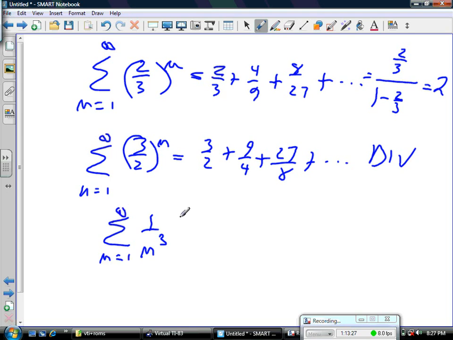Does this one converge? Remember this, I'm going to use the integral test: the limit as b goes to infinity of the integral from 1 to b of 1 over x cubed dx, right? Remember, p integrals converge to 1 over p minus 1 when p is greater than 1, right?